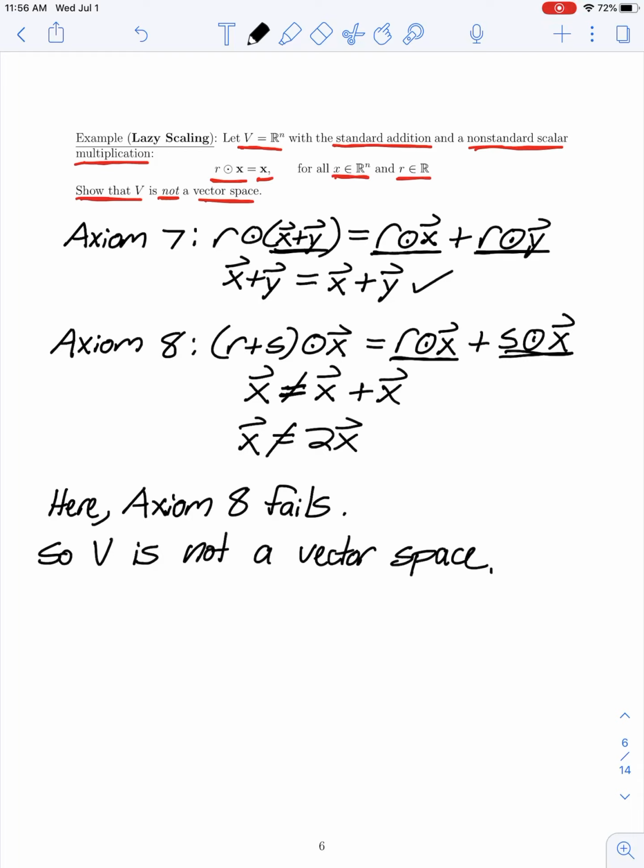So in this first part of our section 4.1 lecture, we've defined a vector space. Again, it is a non-empty set of elements called vectors with two operations known as addition and scalar multiplication that satisfy 10 axioms or 10 properties.